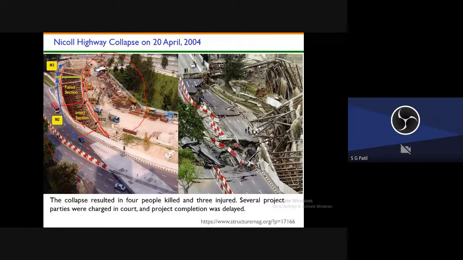So there is huge cost, even loss of life of course, and a lot of money involved in these projects. That's why the importance of these retaining structures is very huge, especially in metro cities, where almost all the structures are placed very close to each other.